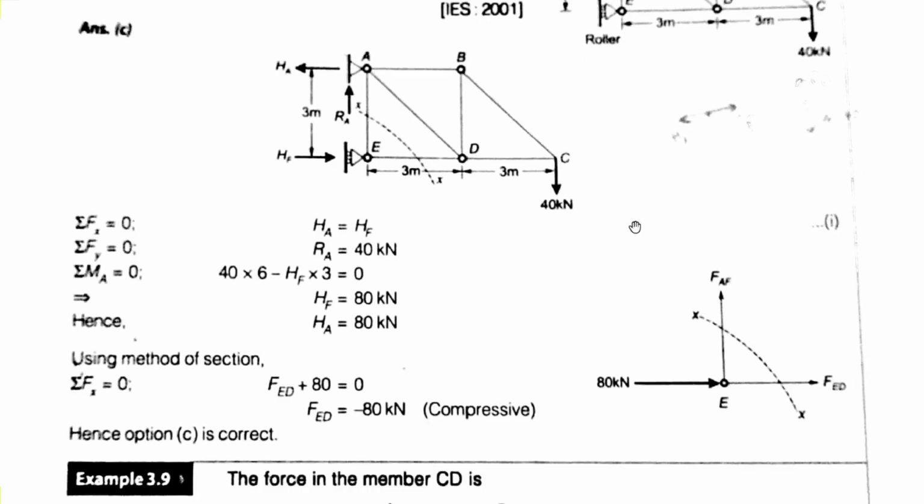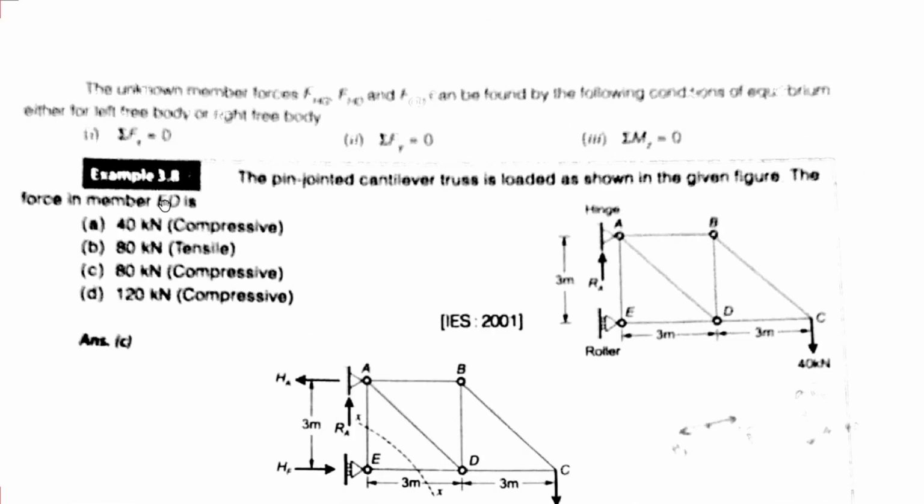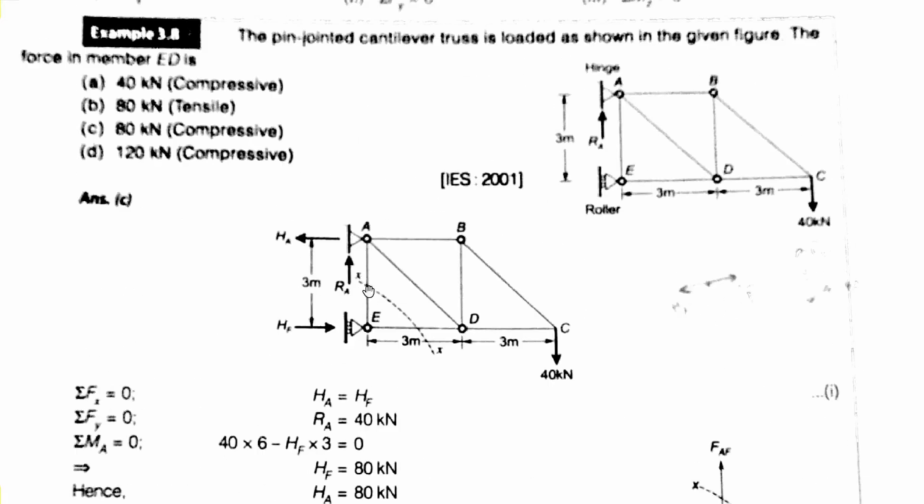Okay, now consider this joint E. So this is our 80 kilonewton force, and we need to find the member ED. In the question, only the force in member ED is required. This is our AF member here, and this is the AE member, and we don't know the force in this member also.